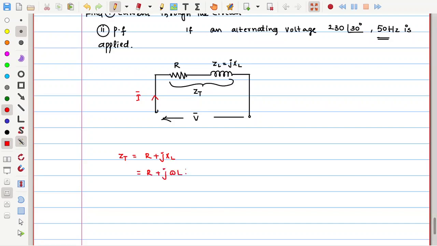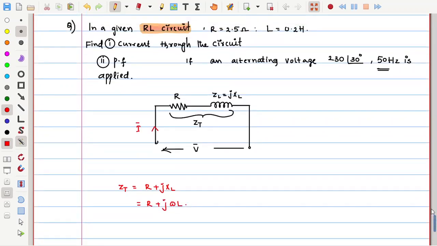How much are R and jXL? jXL can be written as j omega L. Let me write the values. R is 2.5 plus j into omega, which is not given directly but in the form of frequency, so 2 pi into F, which is 50, into L, which is 0.2. This is the entire imaginary value.